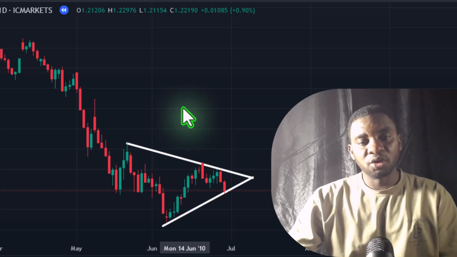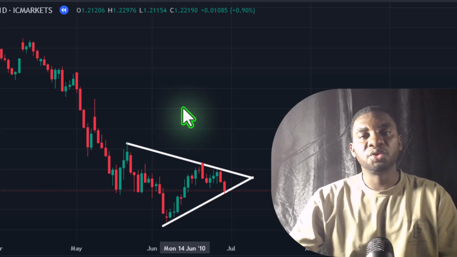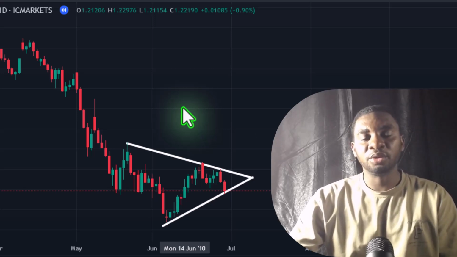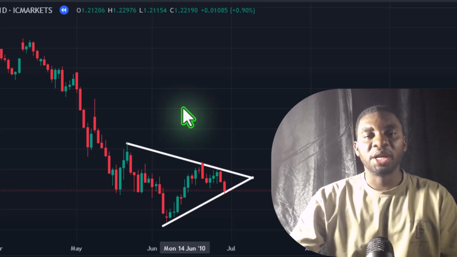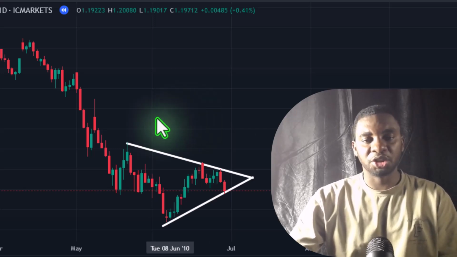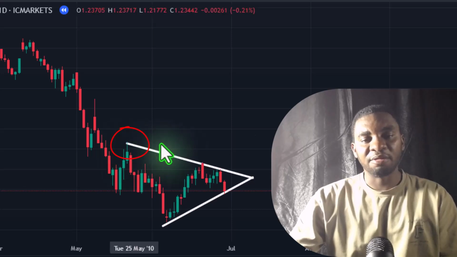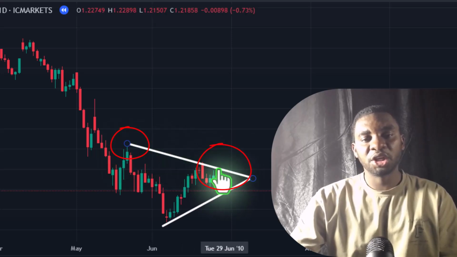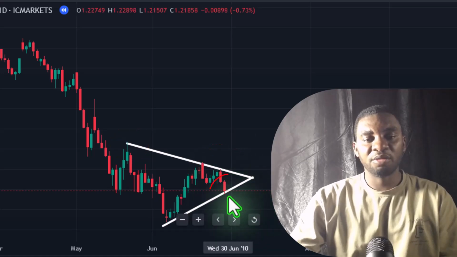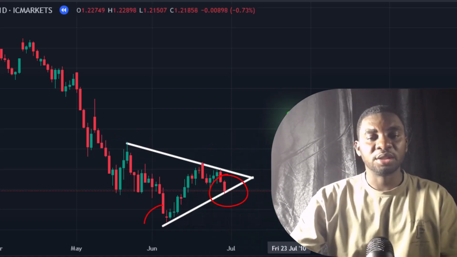Like I told you earlier, for you to trade a reliable triangular pattern, there have to be 2 to 3 touches. So what we have here, we have our first touch here, second touch here, and the third touch here. And we have one here and this one.